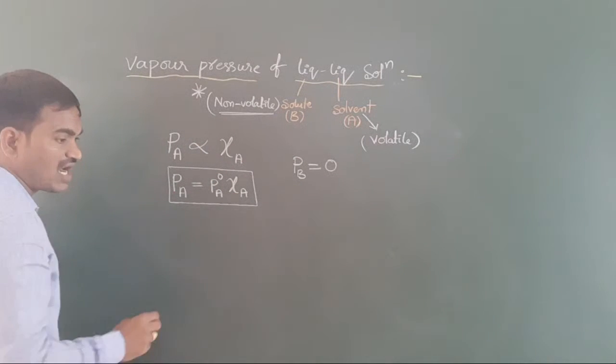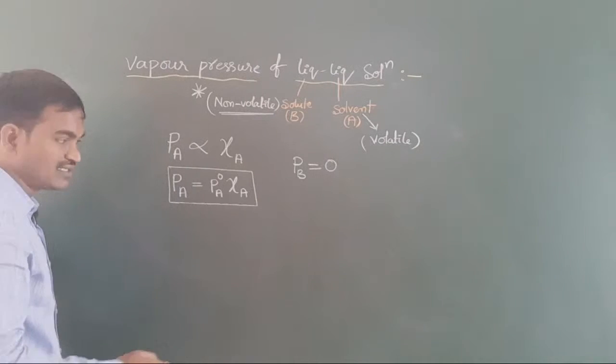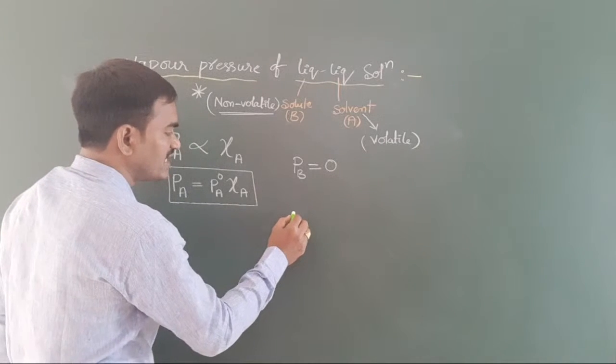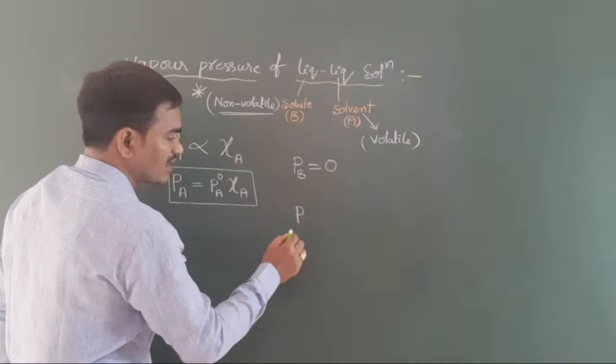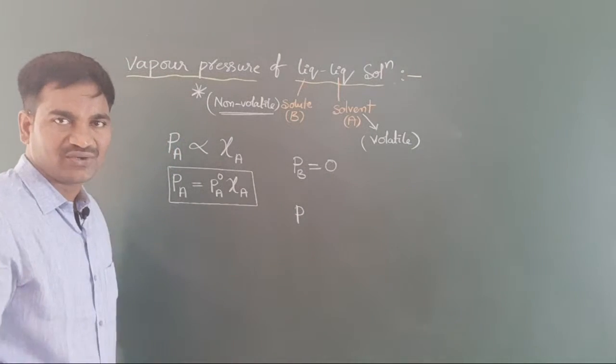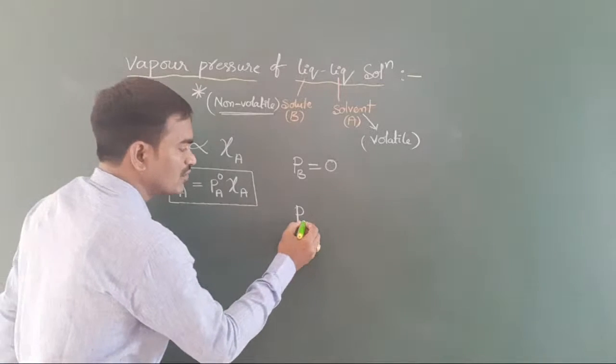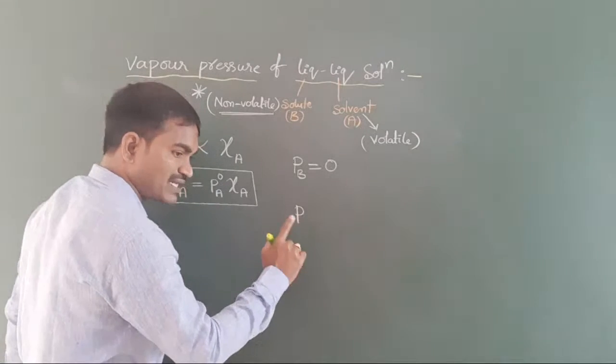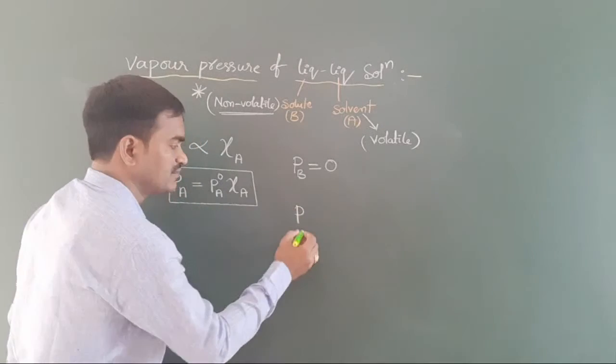Now what is the next point? Next is the total pressure of the solution. P_T or P_S, both are the same: pressure of solution or total pressure, you can take anything.